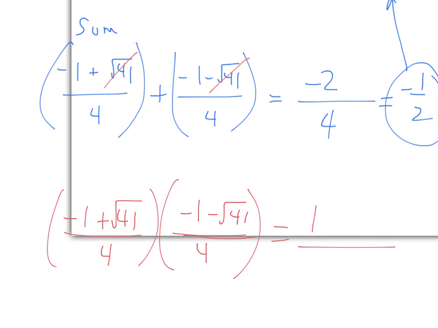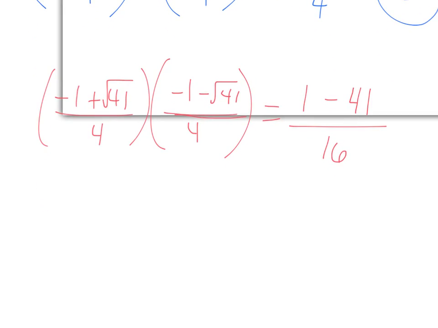Middle terms cancel. Root 41 times negative root 41 is negative 41 over 16. 1 minus 41 is negative 40 over 16. If I divide them both by 8, I get negative 5 over 2.